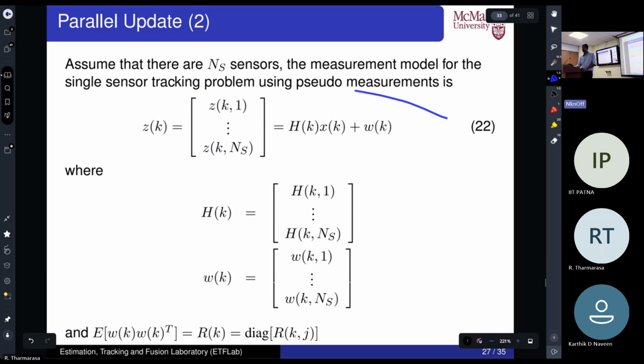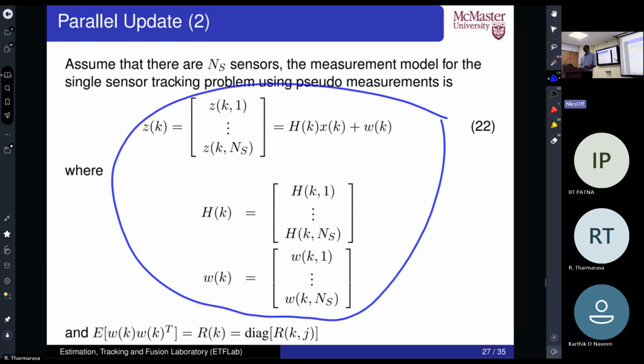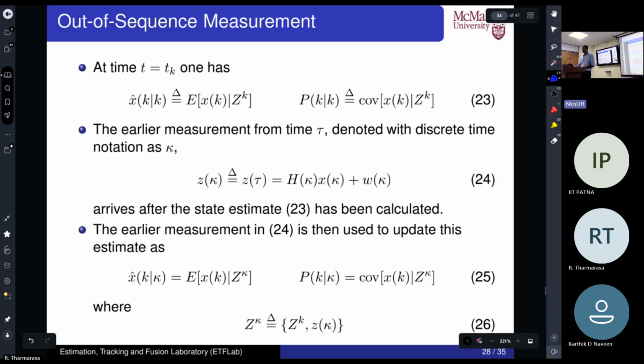Now you consider this as a super sensor that gives one measurement instead of n sensors. Then you do the normal Kalman update.